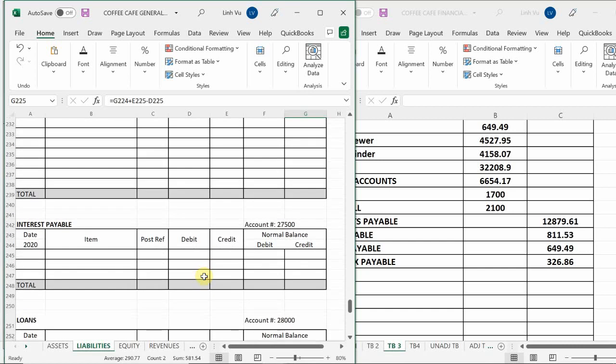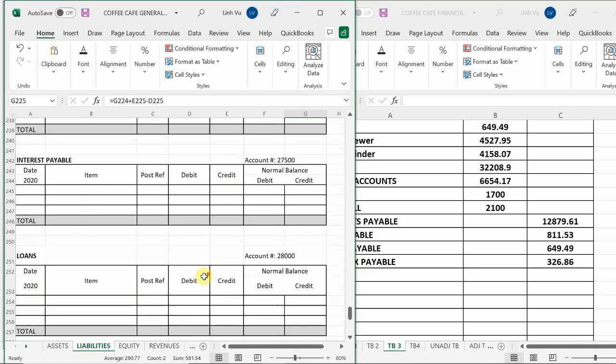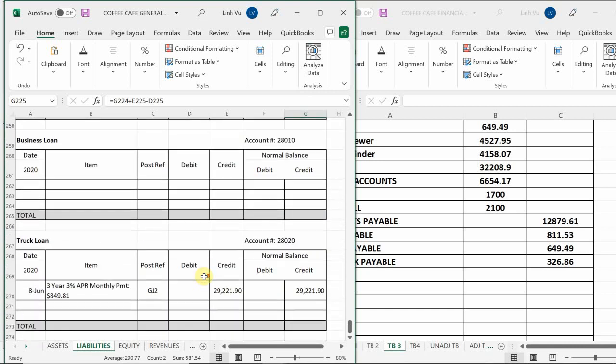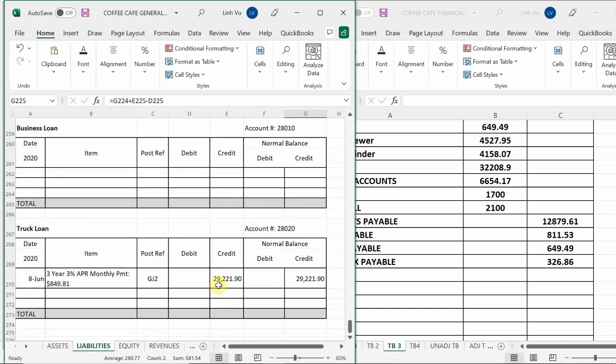Any interest payable? No. Loans, business loans, and last but not least, we have a truck loan.